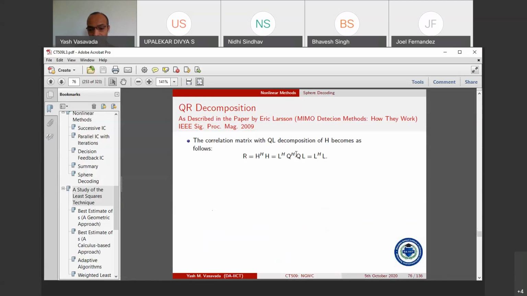So now, this is sort of like the Cholesky method that we have already studied, which says that instead of inverting R, which is what the decorrelating detector does, I will simplify R as this product of triangular matrices. And so now this vector z, which is, remember, the vector of sufficient statistics.